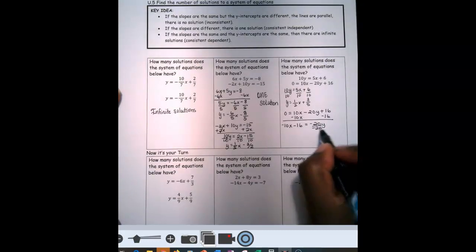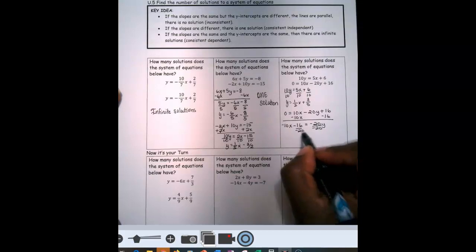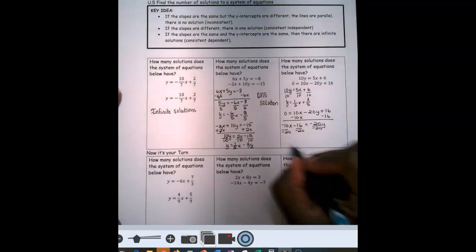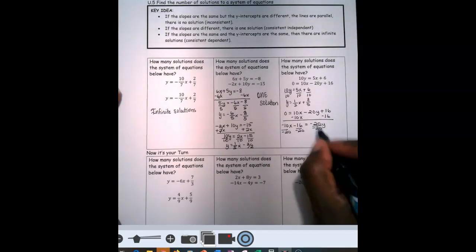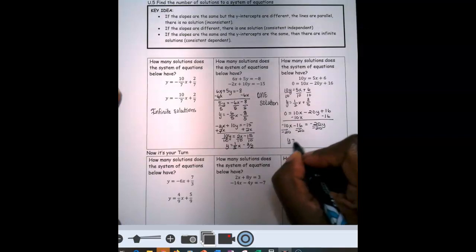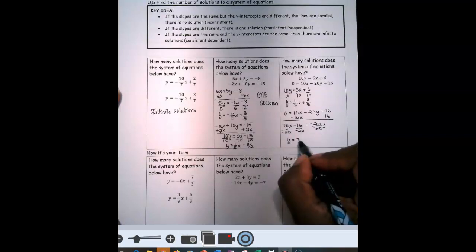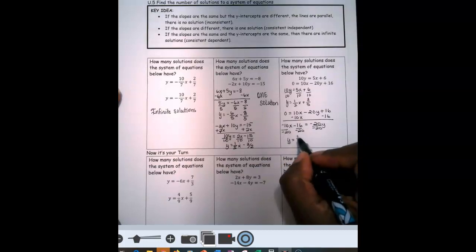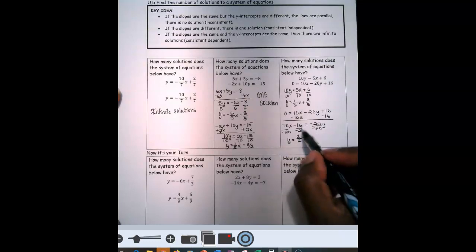Divide by -20, everything. So now I've got, and I'm going to work this backwards, y is equal to, no, not negative 1/2. This is a negative divided by a negative, so it's positive. 1/2 x, and then I can divide both of these by 4, and negative divided by negative is positive.